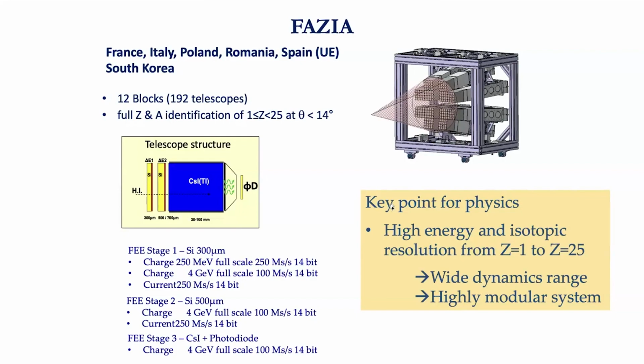So you have a very efficient way to identify particles, even almost online during the experiment, or not so far from the experiment in time. At the same time, you have an incredibly high isotopic resolution. So you can use this detector as if it were a magnetic spectrometer and have a lot of nuclei detected event by event.